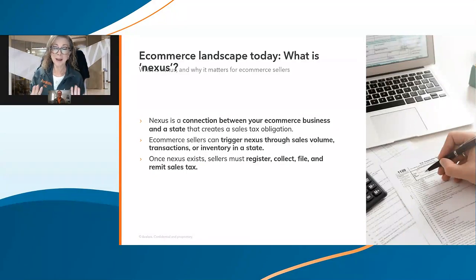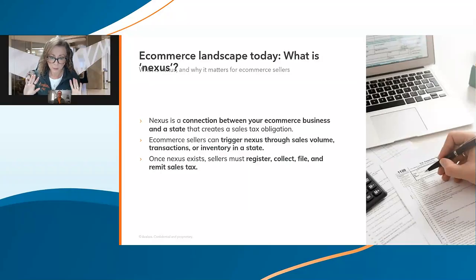So let's talk about this concept of nexus. Nexus is a connection to a state. And back in the old days, it used to be a physical connection. Kind of like what Clayton said, if he was an e-commerce seller out of Maine, he was only collecting tax in Maine. But the state of South Dakota flipped everything on its head.